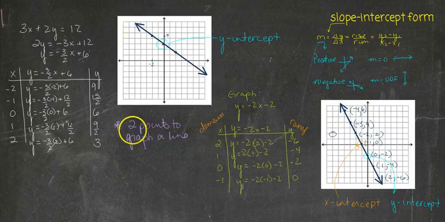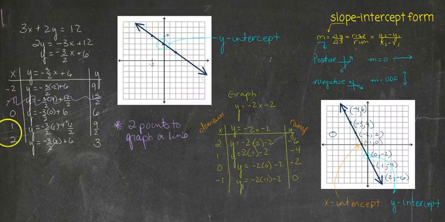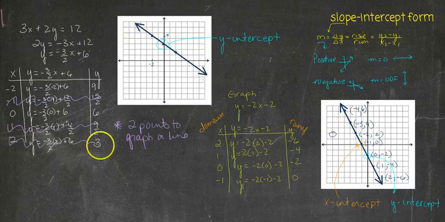You have to have at least 2 points, but you don't have to have more than 2 points because all of the points on that line are going to line straight up in a row, and so only 2 of them will give you the entire line. So that's convenient because now that I know I only need 2 points, it was certainly safe for me to not use this one and safe for me to not use this one, but I could have saved myself the time and not even used that one. So first time saver, you only need 2 points to graph a line.